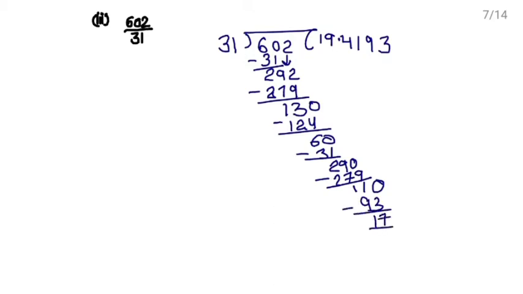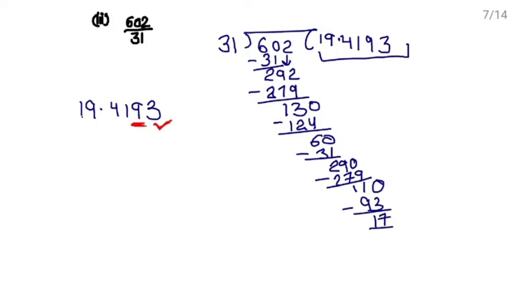Right? Now we have calculated in decimal form to the 4 decimal places. हमने 4 decimal places तक वैल्यू निकाली है 19.4193. But they are asking for the value up to the 3 decimal places. So this is the 3rd decimal place. We will round off at this place. Check the right digit. Right digit is smaller than 5.